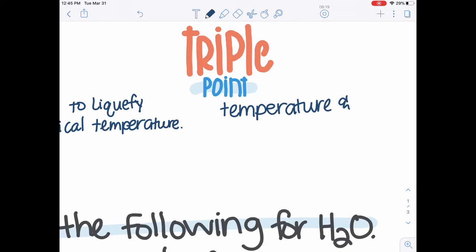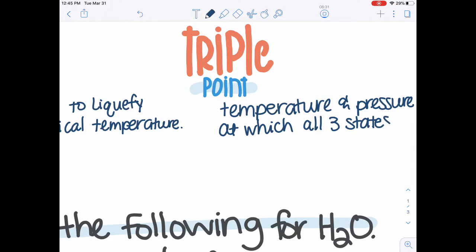Temperature and pressure at which all three states of matter, solid, liquid, and gas, exist in equilibrium.